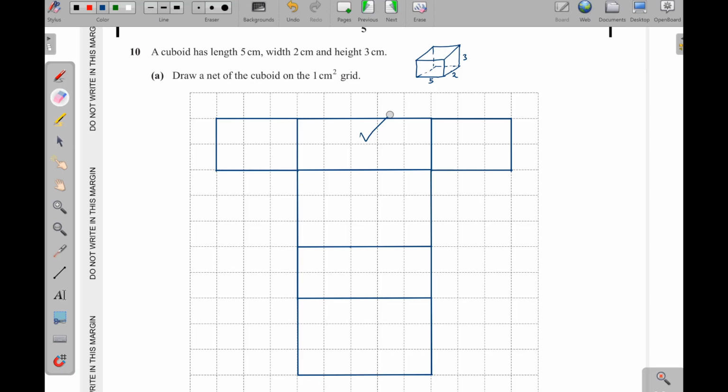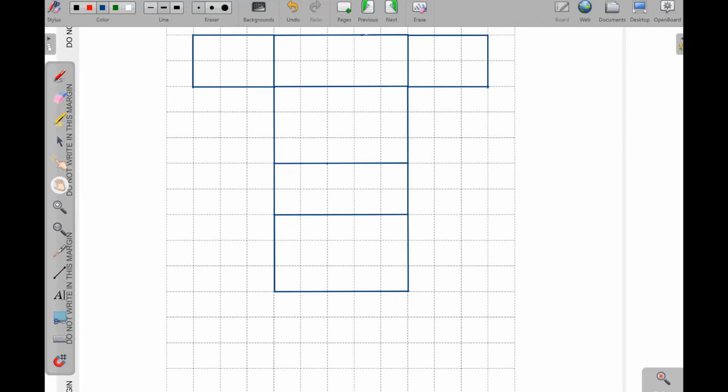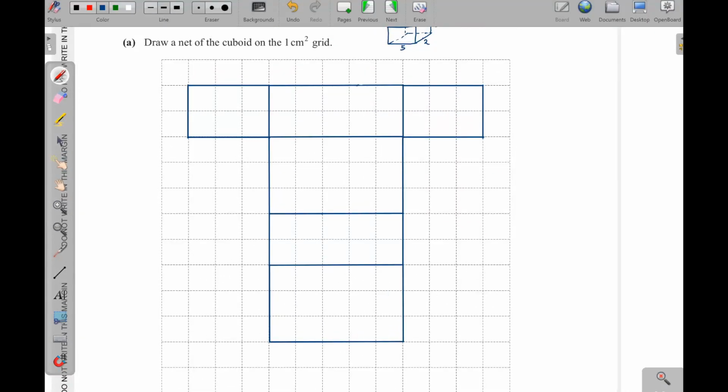Oh, I didn't remove this one here. It's going to make my work ugly. So that is what you're supposed to have. Okay. And we can put this one here, we can shift these ones and we put them maybe here, or we can leave them there, so wherever you want. So that is going to be our diagram there.